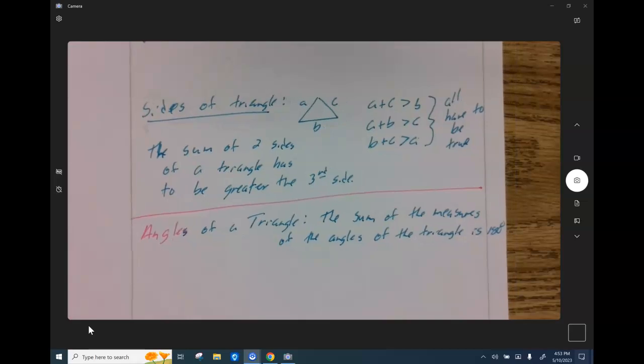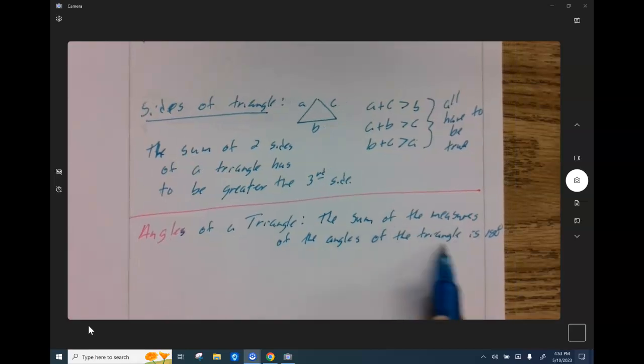I just crammed it on there. Made it on though. The sum of the measures of the angles of a triangle equal 180.